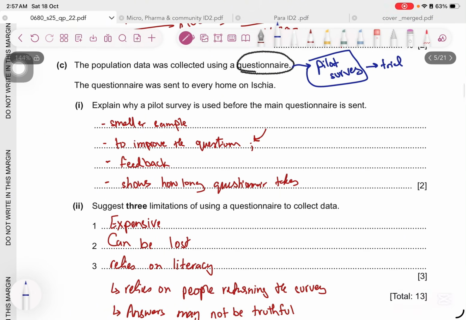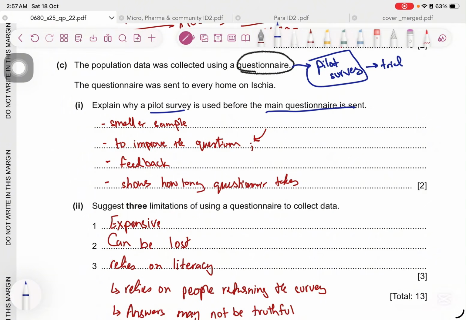Explain why a pilot survey is used before the main questionnaire is sent. I did not realize that I was explaining this one. So yeah, guys, pilot surveys are there to improve the questions, the feedback, to know exactly what to expect. It shows how long the questionnaire takes, whether it's just a few questions, or are we talking about 10 questions, or 50 questions, okay?